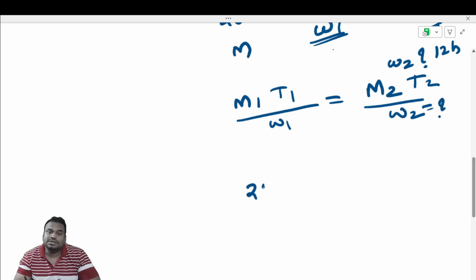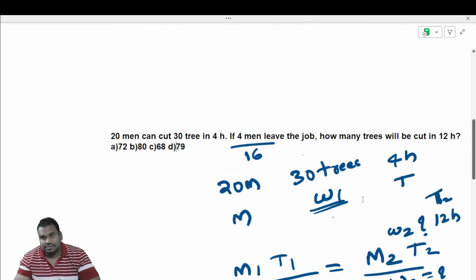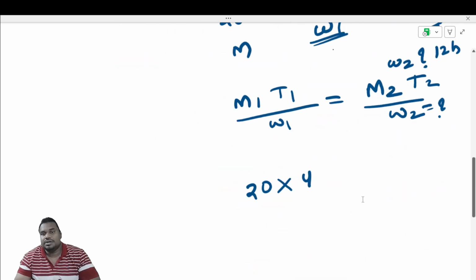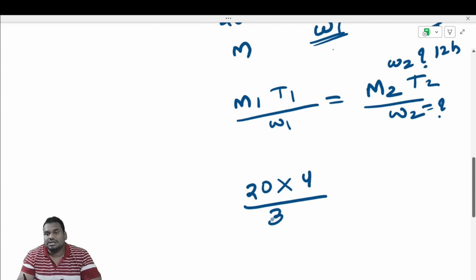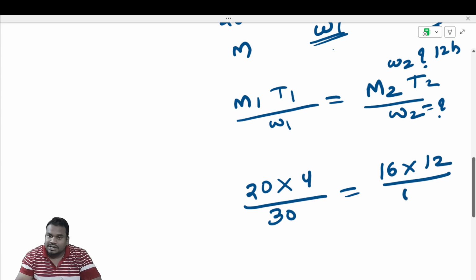So how many men are there? 20. They are working 4 hours a day. And the number of trees they can cut is 30. Now 16 men, when 4 left, 16 men will be there and they are working 12 hours a day. And W we need to find out, for that, how many trees they cut is nothing but W.